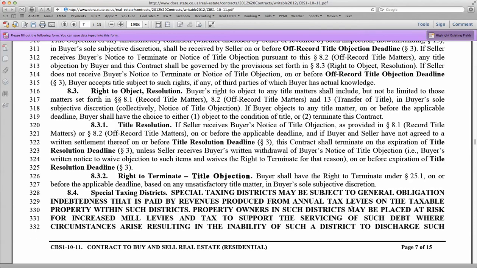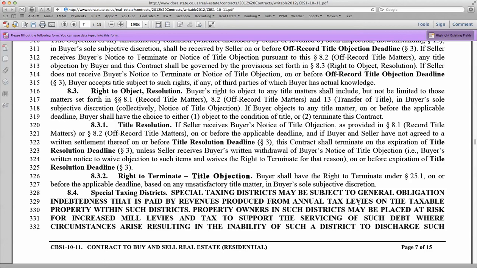If there are any matters that the buyer does object on the title, they can ask for the seller to resolve them before they actually take title, and there is a resolution deadline. If they cannot come to a resolution before the title resolution deadline, the contract will be terminated.